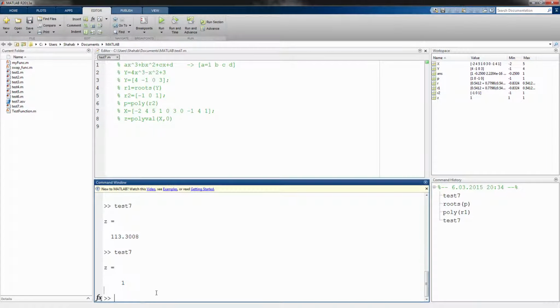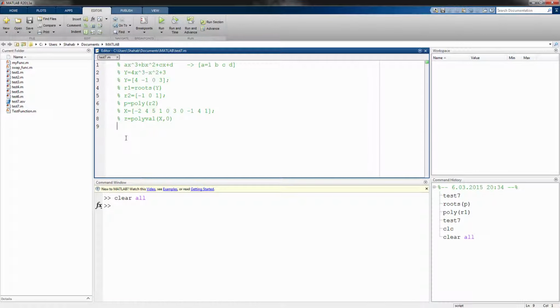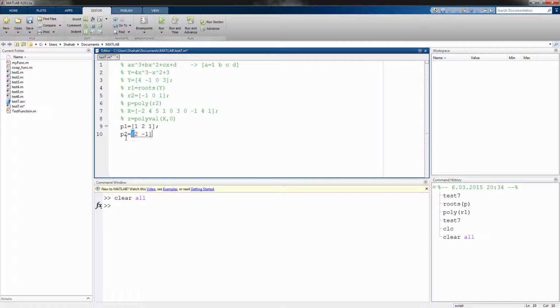Let me also clear the screen and clear all the variables that we have. Now, I defined a polynomial p1 to be 1, 2, 1, and p2 to be 2, minus 1.